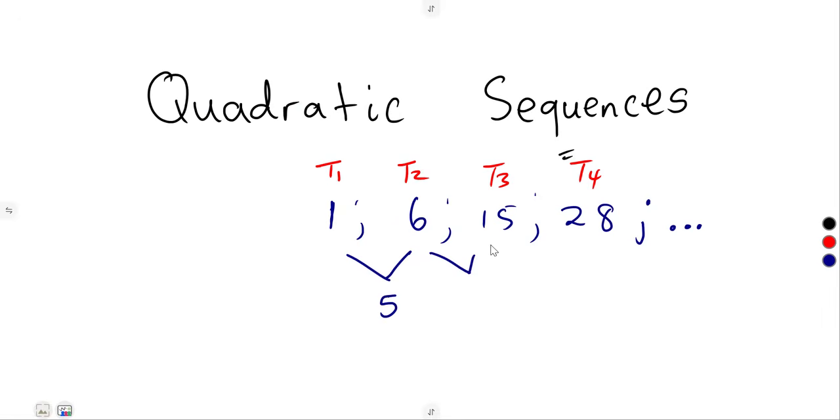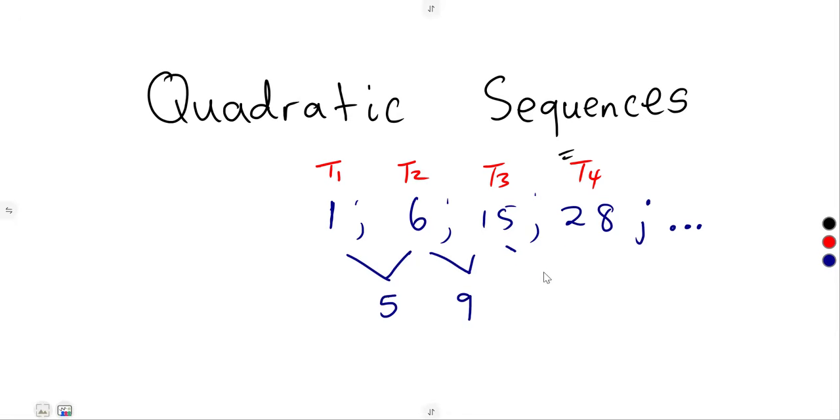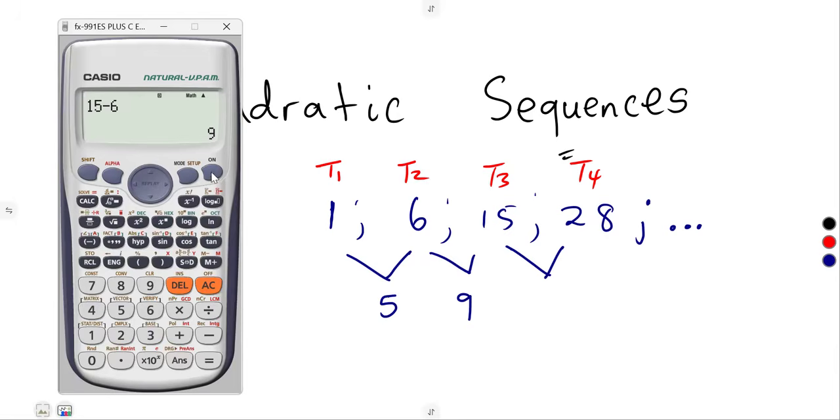Then we move on: the third minus the second, 15 minus 6. We can even just use our calculator here: 15 minus 6, which is 9. We move on to the other one, T4 minus T3, which is 28 minus 15. There is a difference of 13.